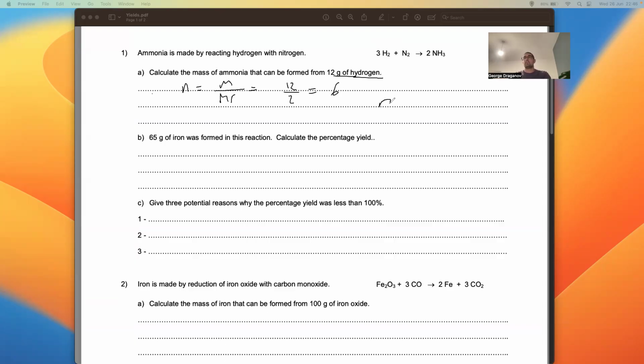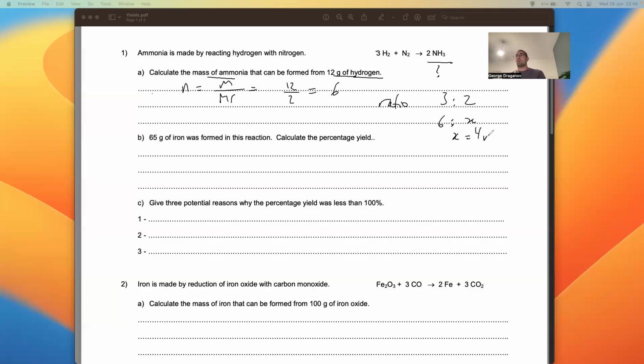Now the ratio, let's see what they want. They want the mass of ammonia. So we found this one, we're looking for this one. The ratio is 3 to 2. This one's one of the harder ratios. The hydrogen is the 3, so the hydrogen is 6. So what's X? Well, you could think 3 times 2 is 6, so 2 times 2 is 4. That's one of the easiest ways to do it.